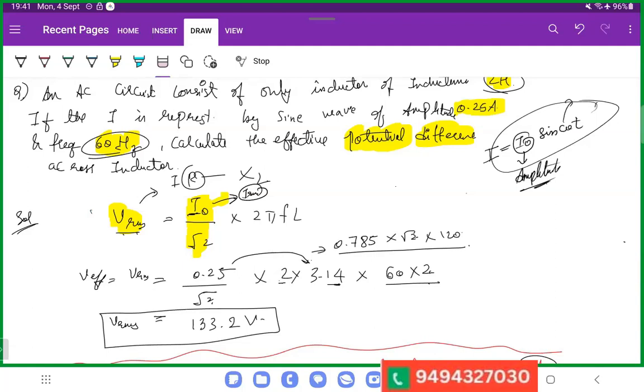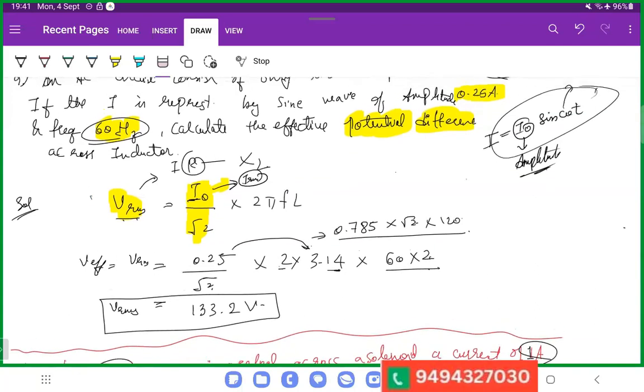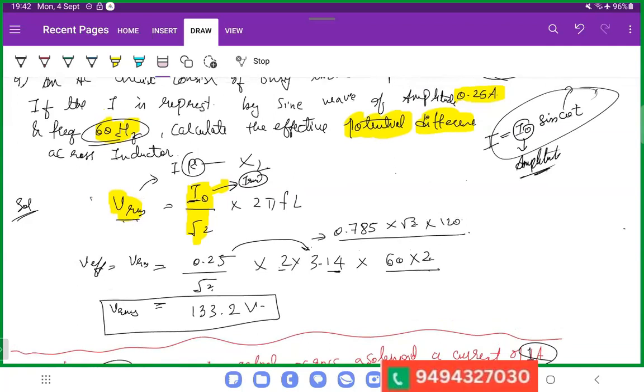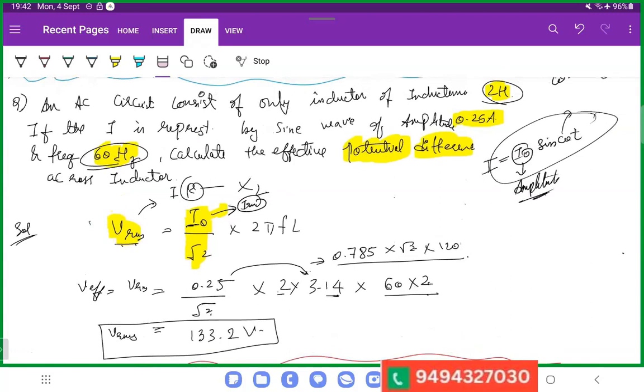Can you finish the multiplication? Have you written the question and formula?